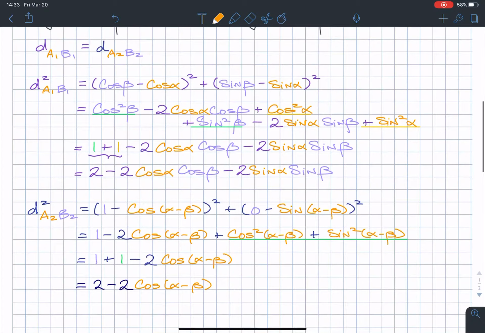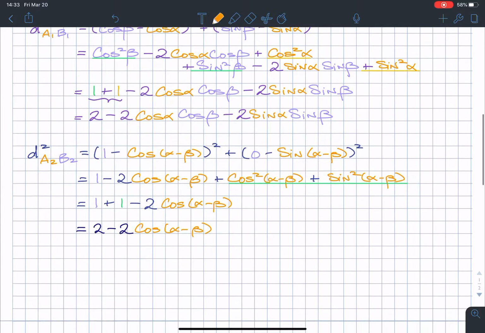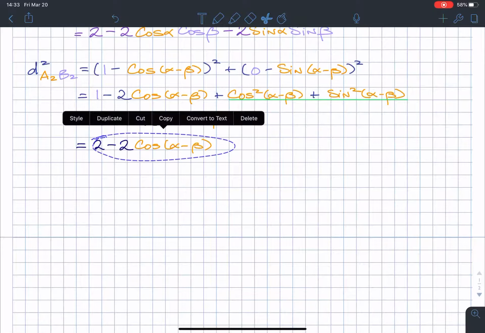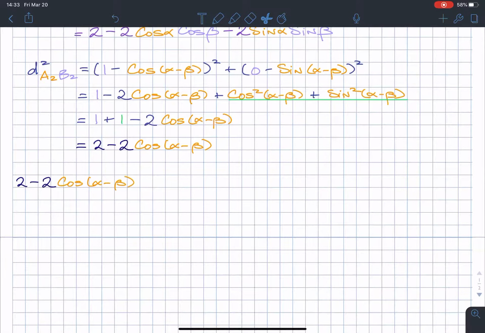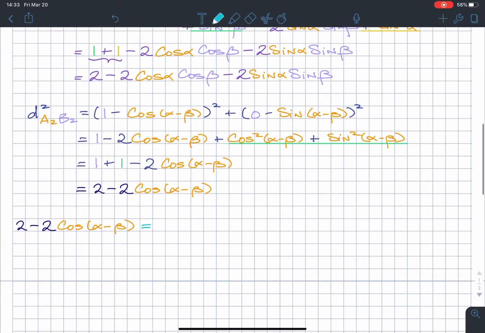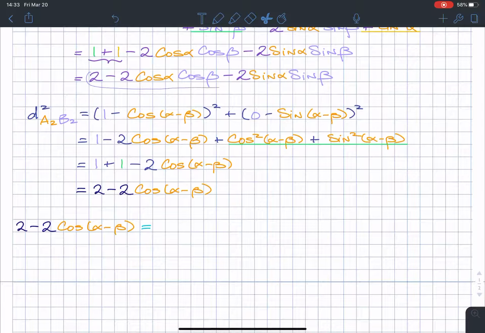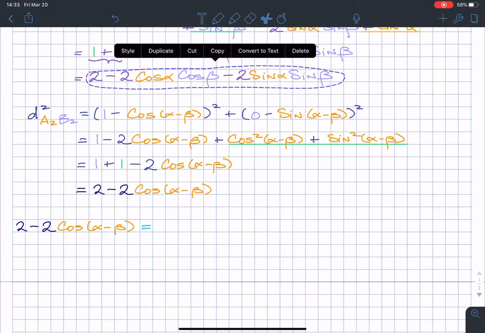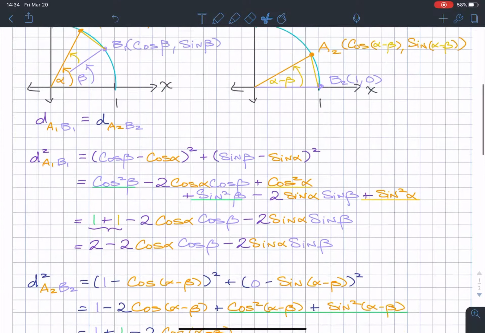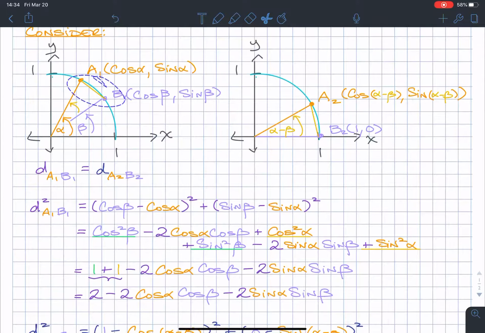And if these two distances are indeed the same, which I claim they are, then I can rewrite 2 minus 2 cosine of alpha minus beta as being the same as this quantity here. That is, I'm saying the distance between A1 and B1 here is the same as the distance between A2 and B2. I've just rotated the 2 points.